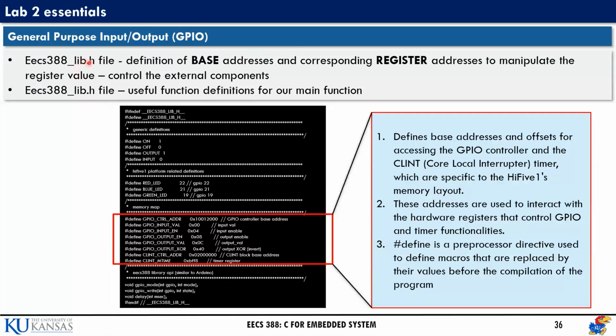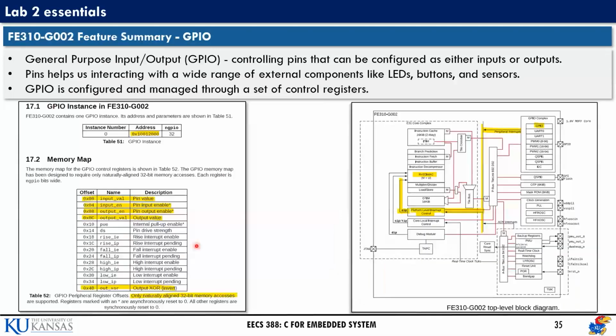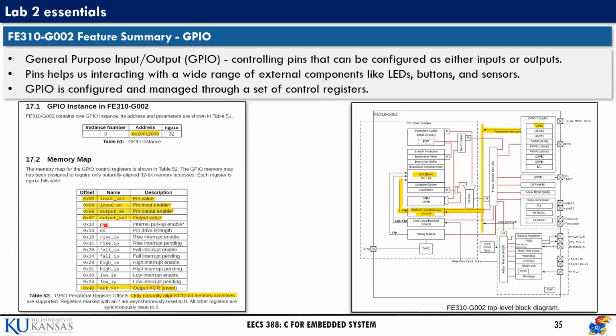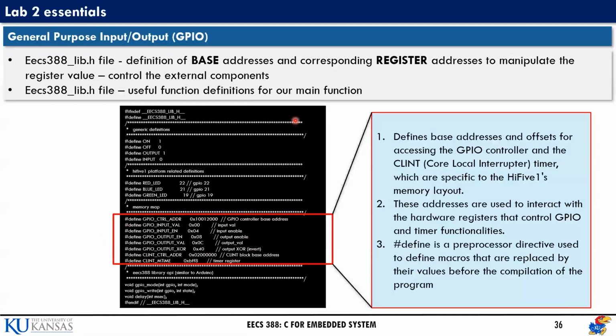In the lib.h header file, we have all the definitions of base addresses. This was our manual, and we collected these base addresses and the offsets from this board manual. We have those register addresses to manipulate the register values. Basically, if we can control those values, we can control the external components that are connected through these GPIO pins.